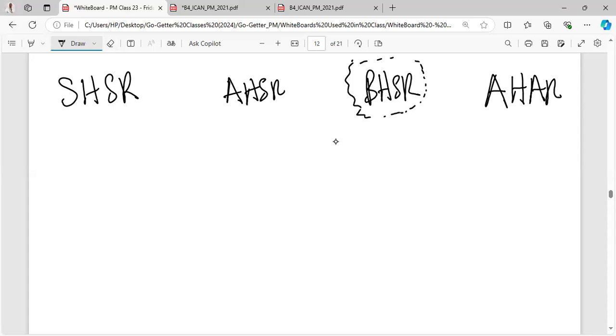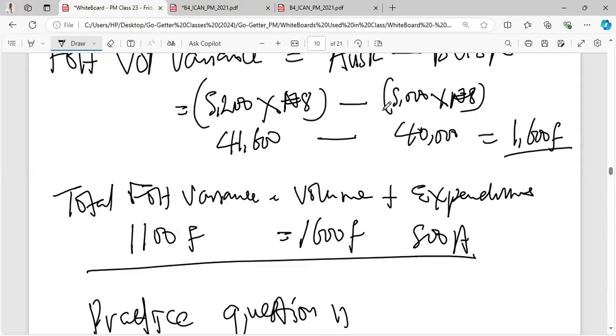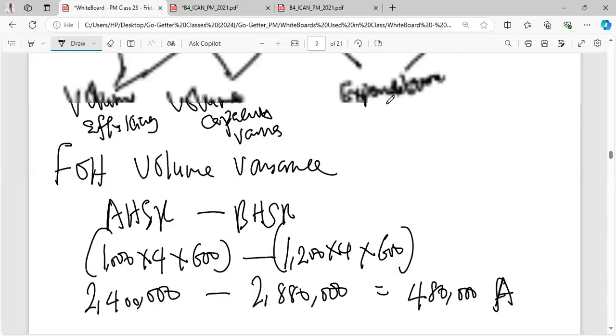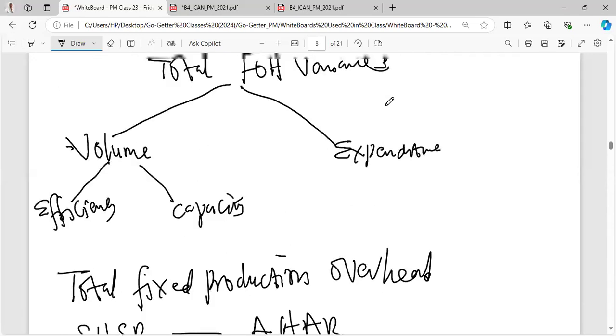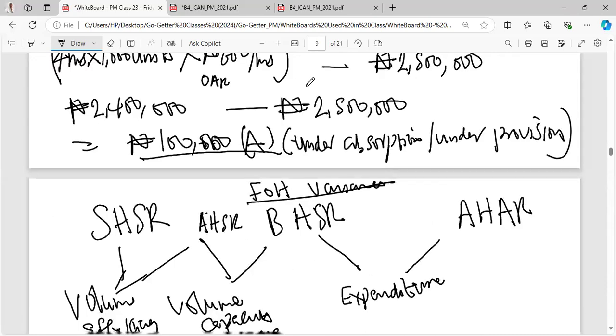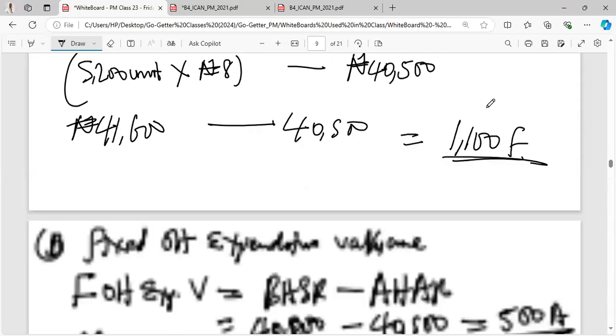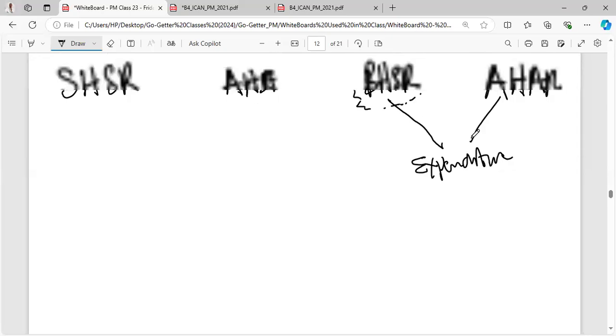Okay, so this gives us our expenditure variance. So when we look at expenditure variance, how do we calculate it? Budgeted, actual. So it gives us our expenditure variance.